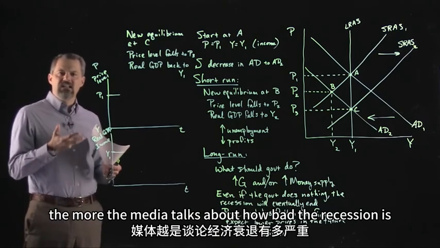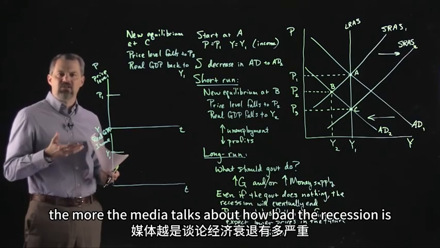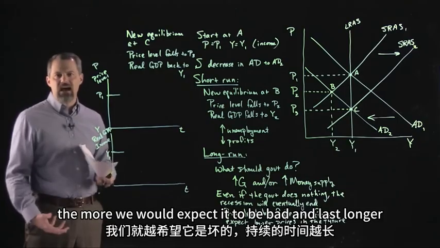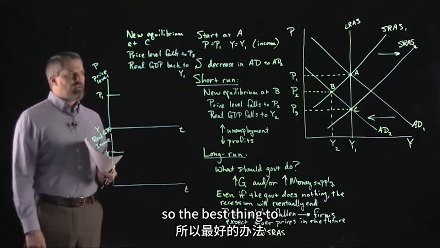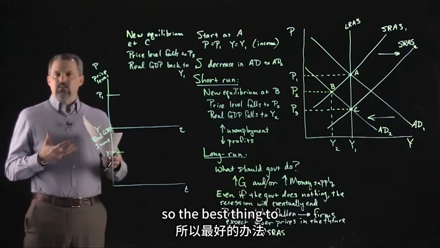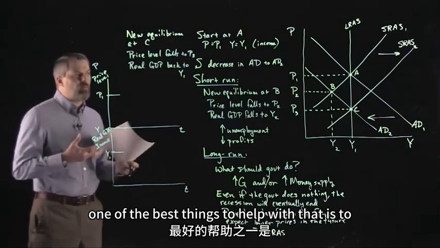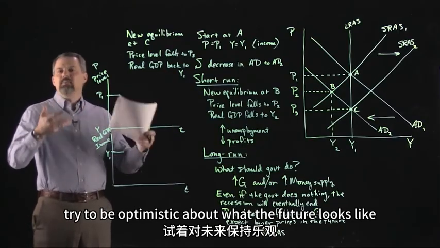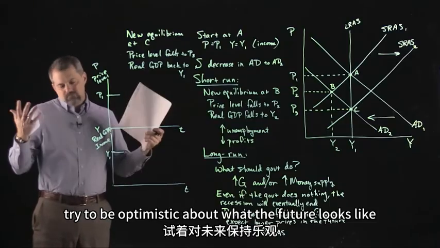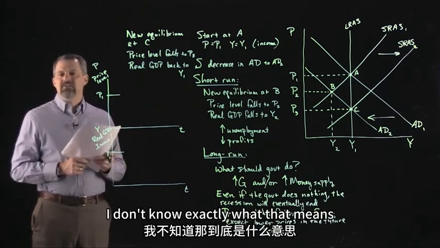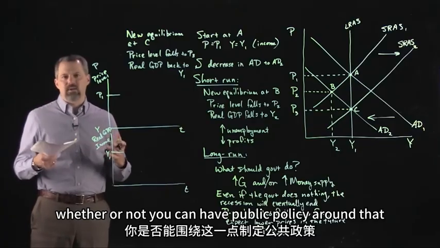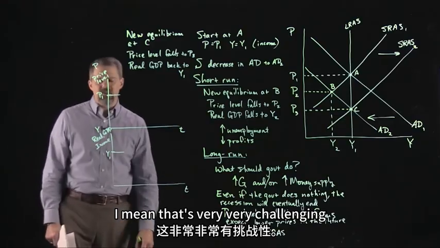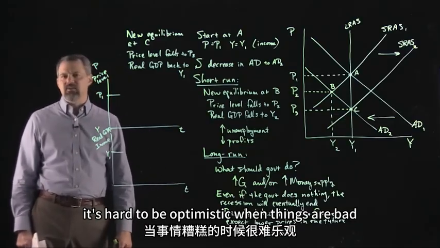The more the media talks about how bad the recession is and how long it's lasted, the more we would expect it to be bad and last longer. So one of the best things to help with that is to try to be optimistic about what the future looks like. I don't know exactly what that means in terms of whether or not you can have public policy around that. I mean, that's very, very challenging. It's hard to be optimistic when things are bad.